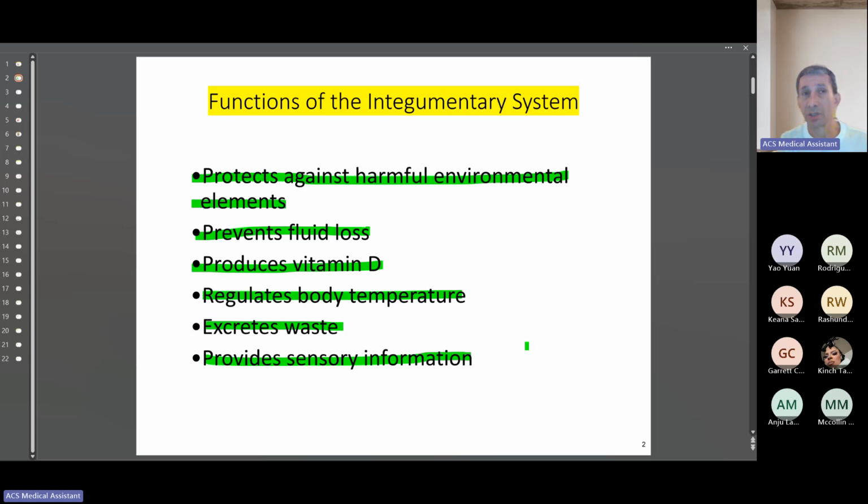Temperature sensors, cold, hot, sensation. We feel when somebody touches us, when somebody hits us, or something hits us. So we have all these sensation receptors. That's what it's called.